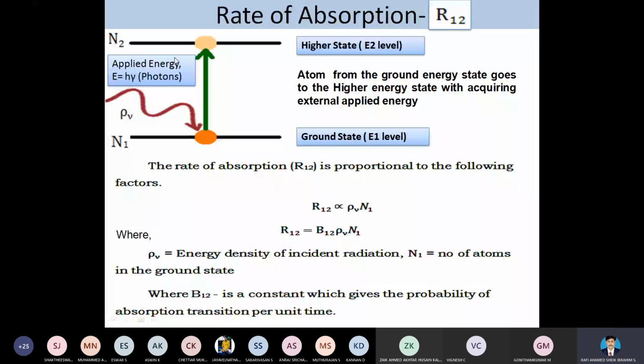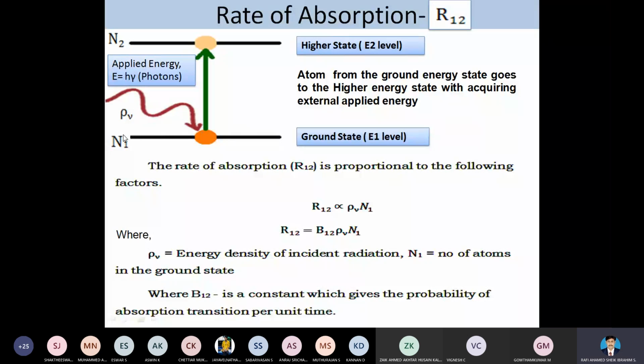This line is the higher state. We have to imagine, as an assumption, that there are n number of atoms, not only a single atom, in the ground state. That's why we use the number N1. N1 stands for the number of atoms in the ground state.